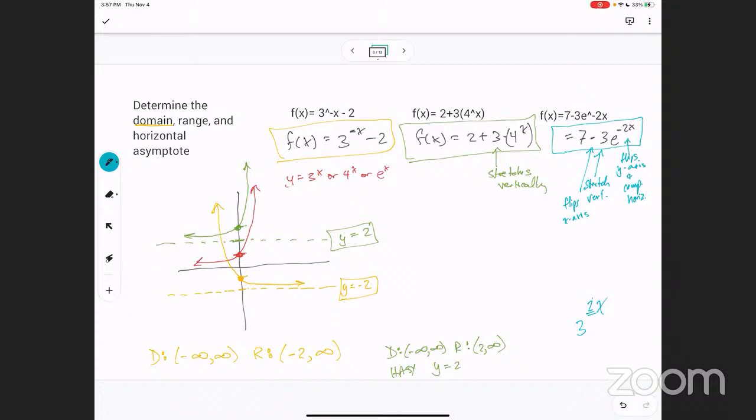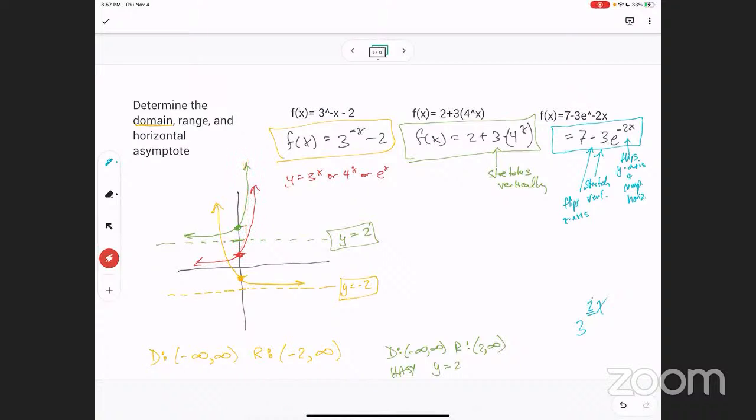When I plug in 1, think about when I plug in like 2 here for x. What did I just do when I'm plugging in 2 for x? For x, if I plugged in 2, now it's really 3 to the 4th, which means it went up even faster. So putting a 2 here is basically vertically stretching it.